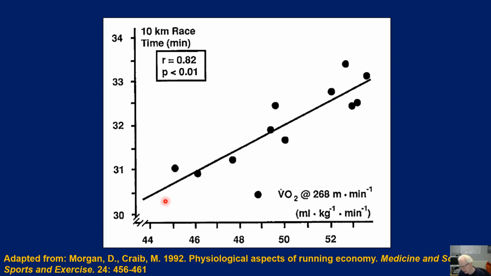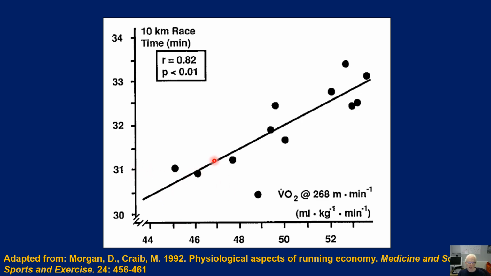In other words, they've taken all their athletes, put them on a treadmill at a fixed running velocity, and measured the VO2 response. What they discovered is a really nice linear relationship between running economy and 10K race time. The lower the oxygen cost, that is, the more economical they are, the faster the race time.